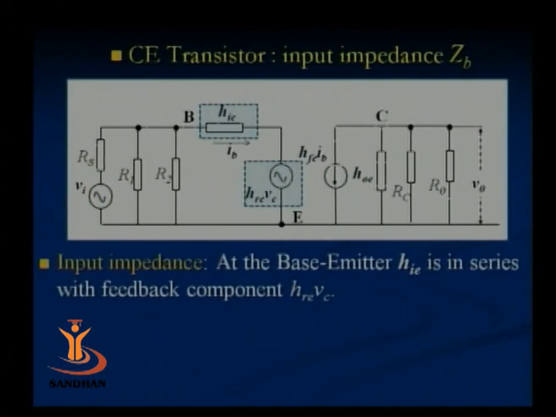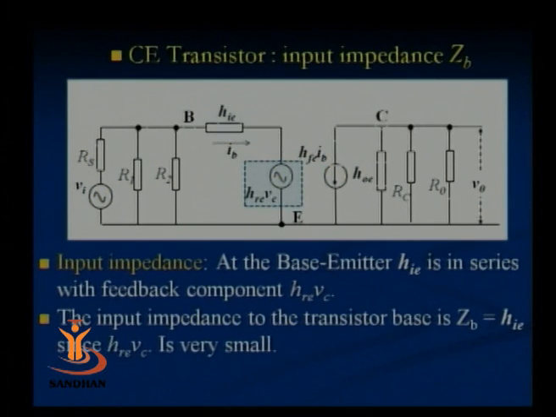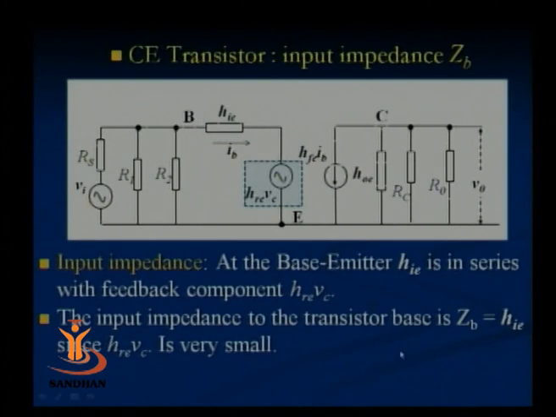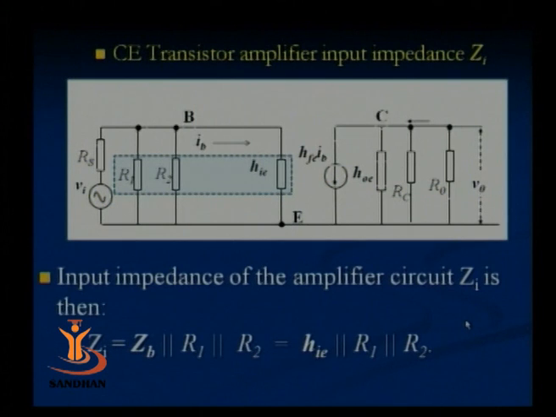Input impedance. Now, in this circuit that we have known earlier, how do we define it? The base and emitter is in series with the HREVC, but we know that HREVC is very small, so it can be neglected, and the input impedance of the device is simply represented by ZB equals HIE. Now, what is the overall impedance of the transistor amplifier circuit?